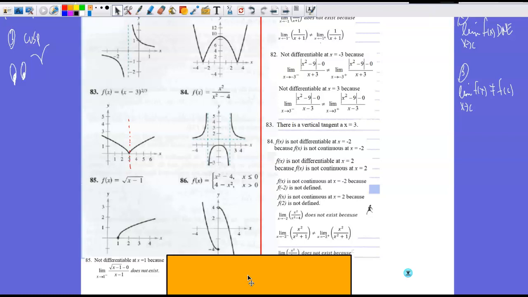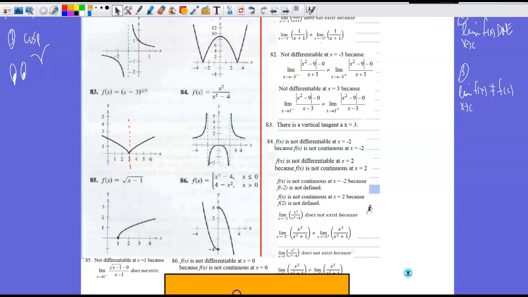Finally, number 86, we have a piecewise function, and clearly there's a discontinuity at x equal to 0, so that's going to be why the function has no derivative at x equal to 0. So that's easy, not differentiable because no continuity. The function is not continuous at x equal to 0 because the limit as x approaches 0 of f of x does not exist.